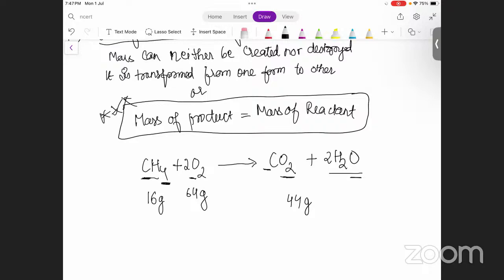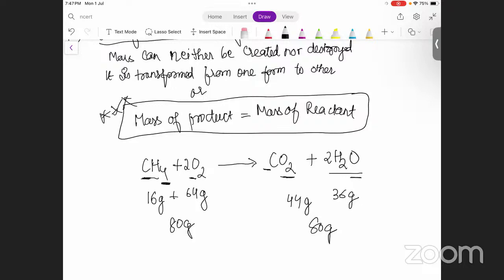Yes, Rakshita says it is 36. 36, yes. The amount of water will be 36. So now as you can see, on this side we have 80 grams, and on this side also I'll have 80 grams, right?